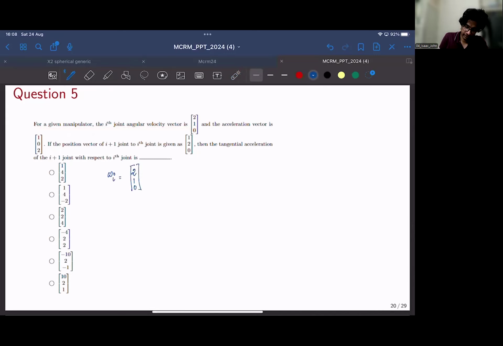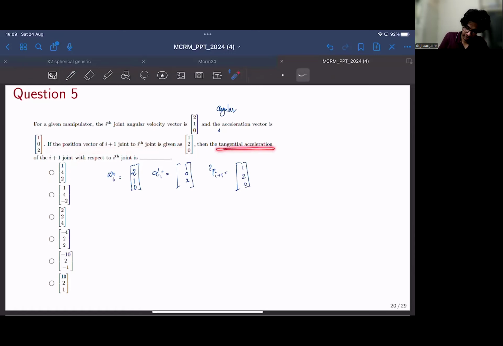And the angular acceleration alpha i is given as 102. The position of the i plus 1 joint with respect to the ith joint is given as 120.